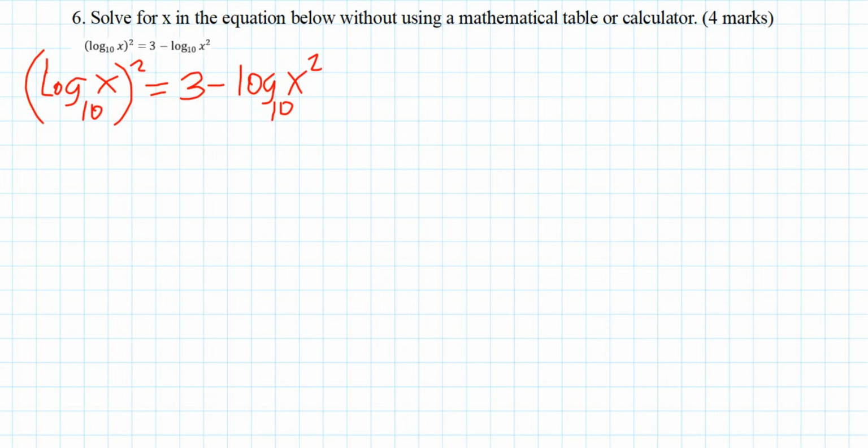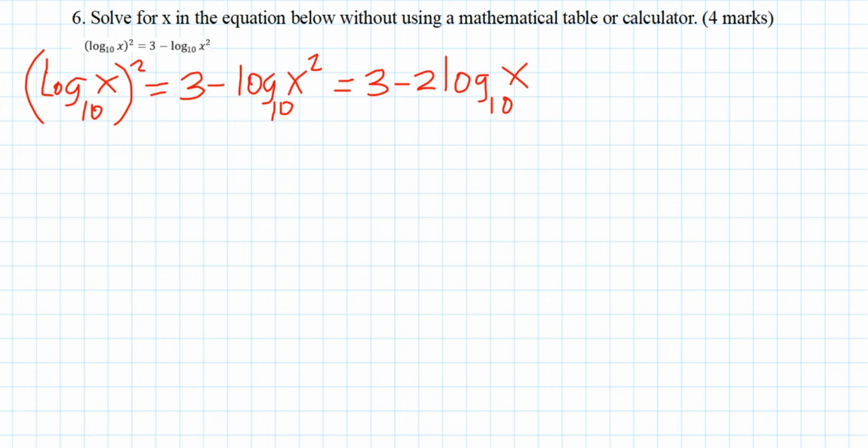So that bracket needs to remain intact as it is. But on the right-hand side, we can change the log to base 10 of x squared to become 2 log of x. So on the right-hand side, we can have 3 minus 2 log to the base of 10 of x.